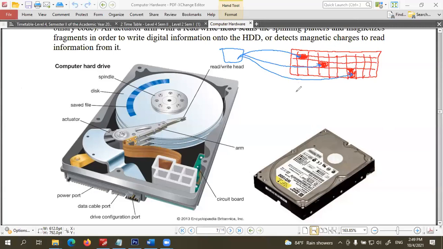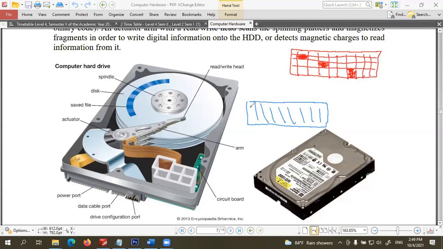But when we consider the hard disk, when that data is going to load into the RAM, assume that data is here, here and here.